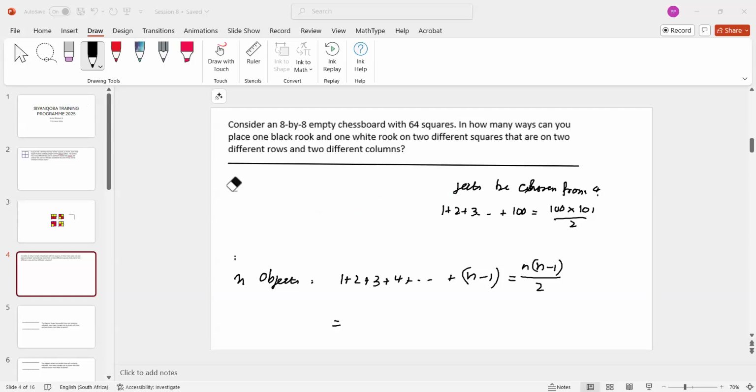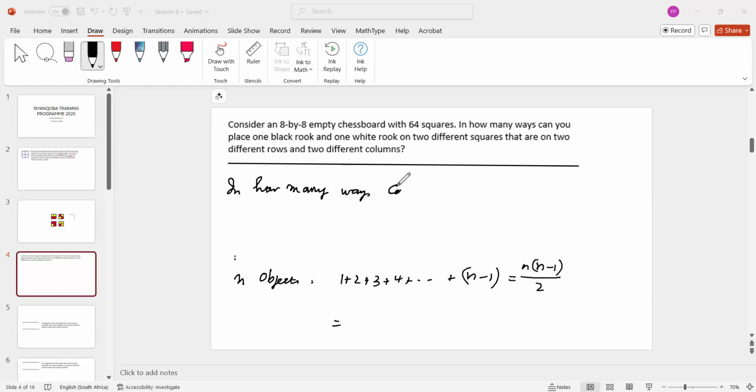And the question is the following: in how many ways can one choose 2 objects from n objects?